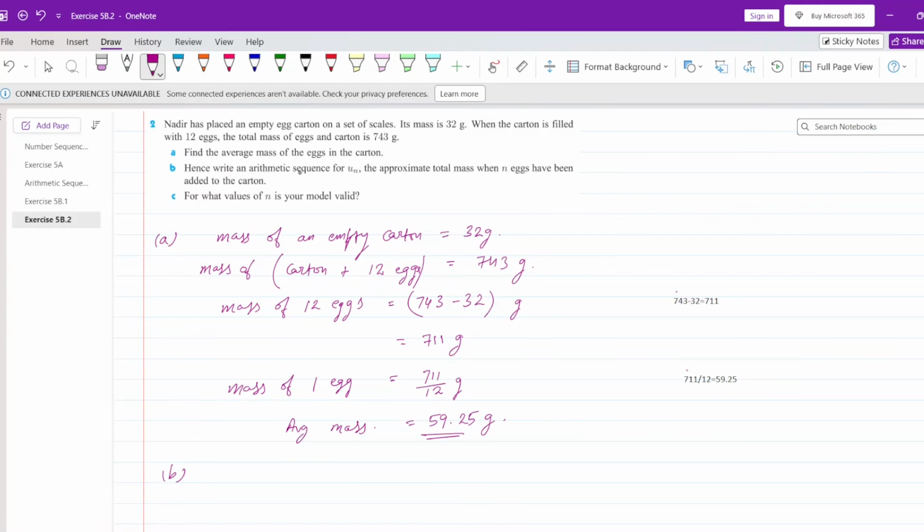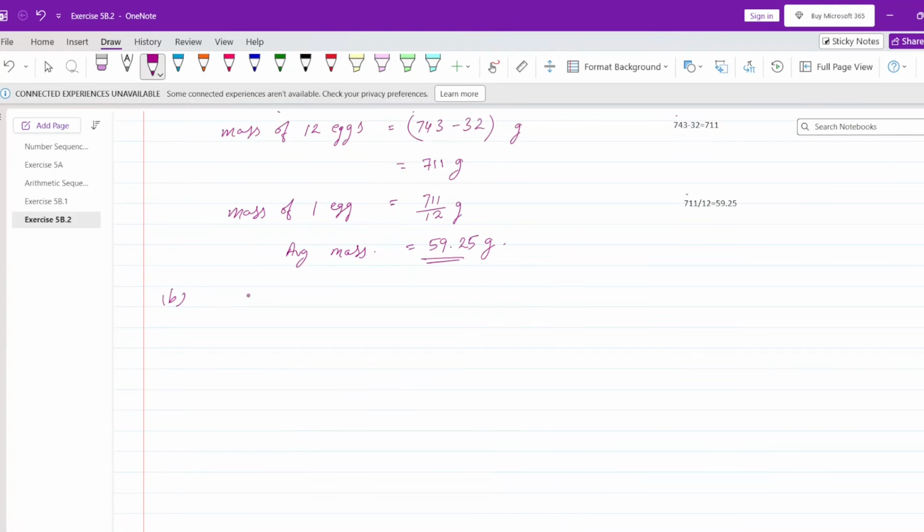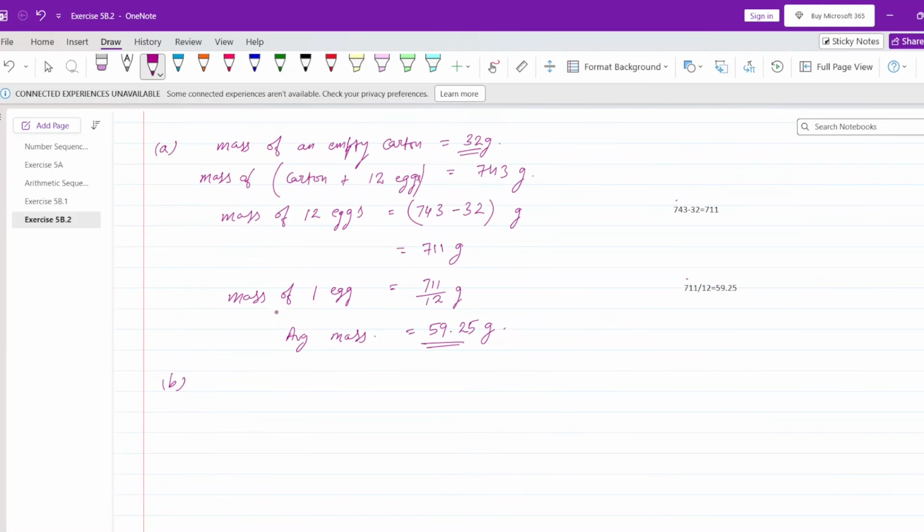Hence, write an arithmetic sequence for un, the approximate total mass when n eggs have been added to the carton. So we can say when there is no egg, the weight of the carton is 32 grams. And when there is one egg, the weight increases by 59.25 one time.